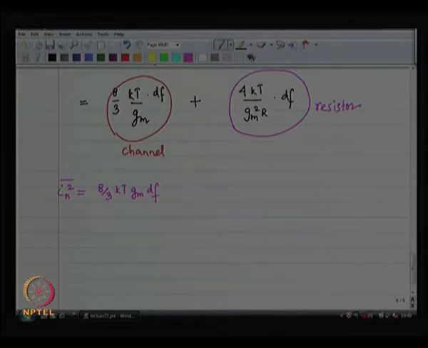Okay. What I can do is I can rewrite this, remodel this as if I had a voltage on the gate.